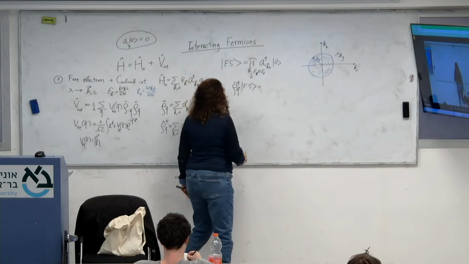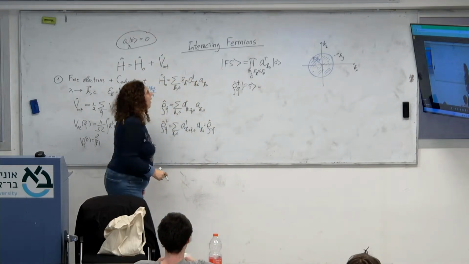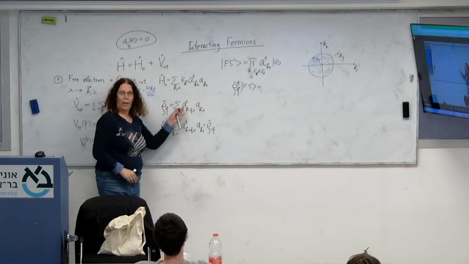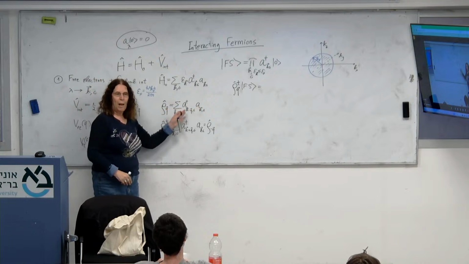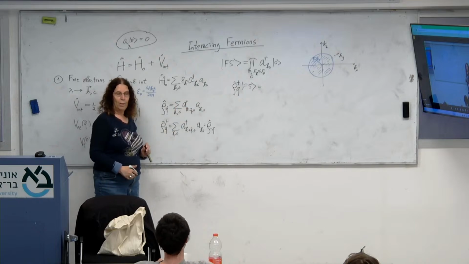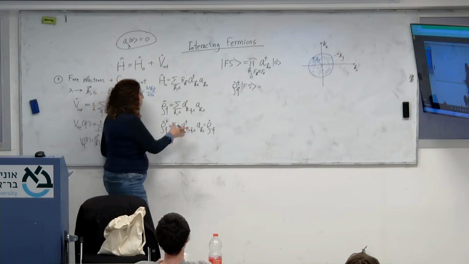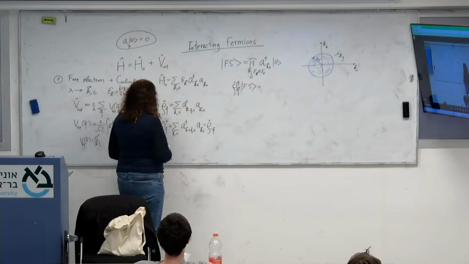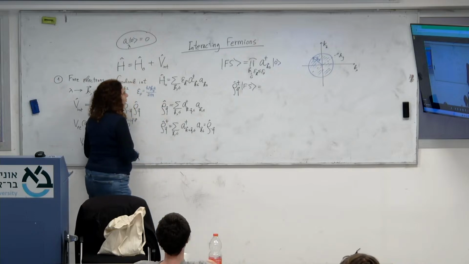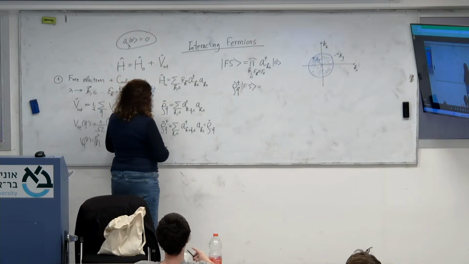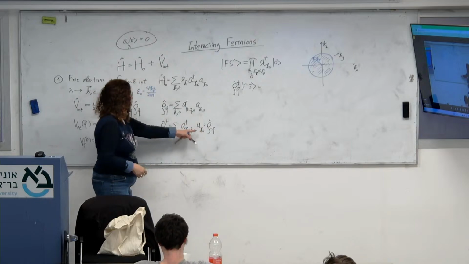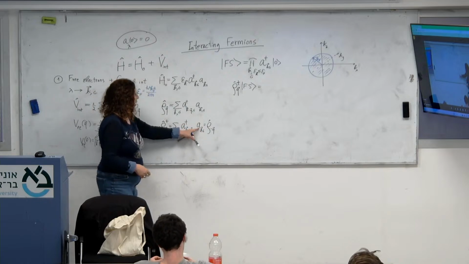Okay, so what will I get? First of all, I will get many contributions. I will get a sum of things, okay? But some of the terms here will give me 0, right? Why? Because let's take this expression.